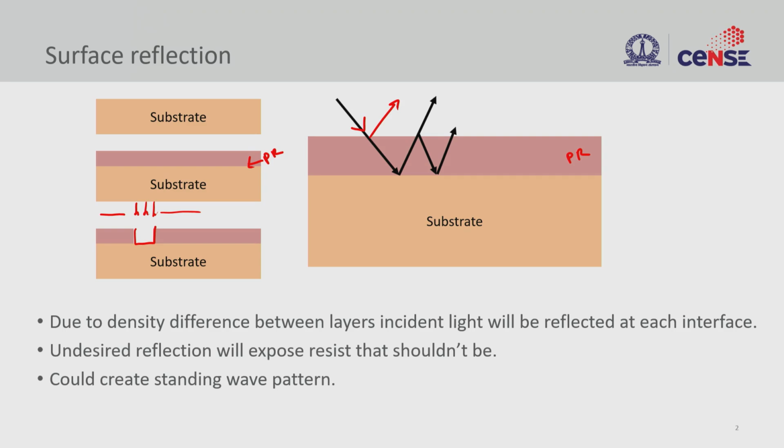So in this case, light is reflected from the top interface. Let's say this is air, and then we have a refracted beam, and then you have another interface. Because we have a difference in refractive index between photoresist and substrate, you will have reflection here, and then there is again a refraction, and then there is a reflection, and this goes on.